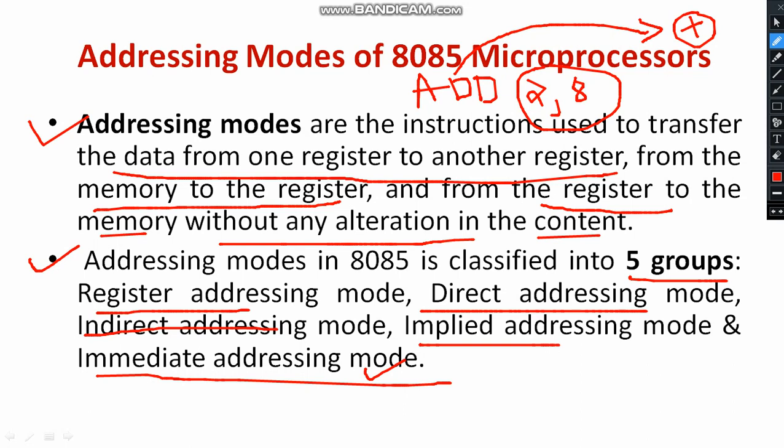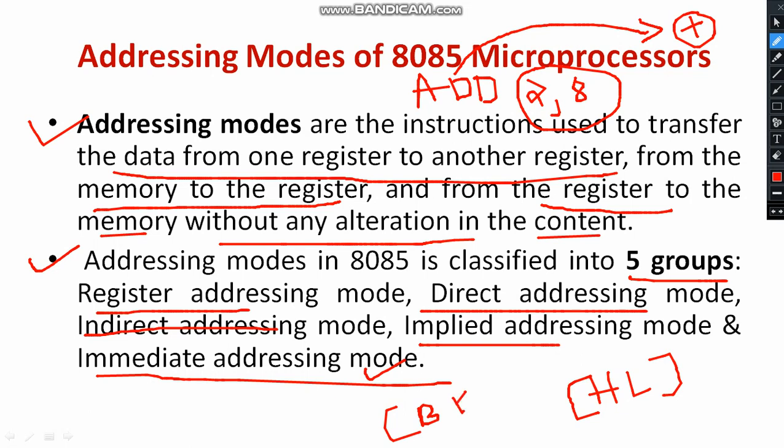If I mention indirect addressing mode, any idea about it? The address of the operand is specified by the register pair. What is a register pair? If you write HL, then DE, these are called register pairs. We can also write BC.